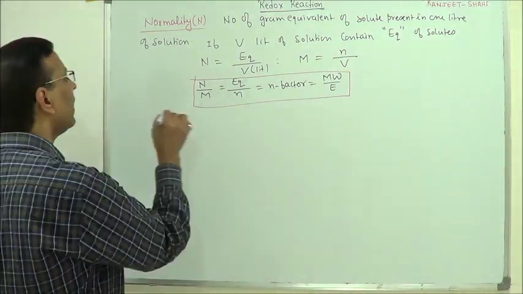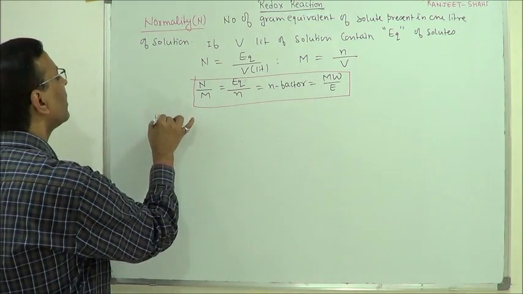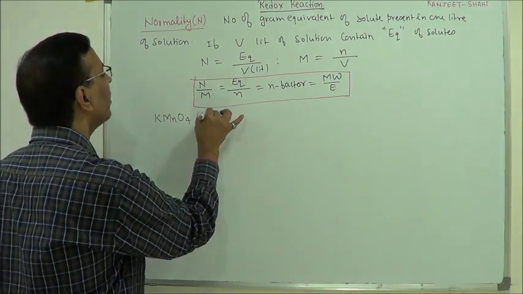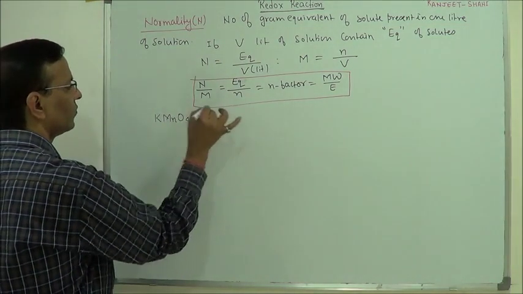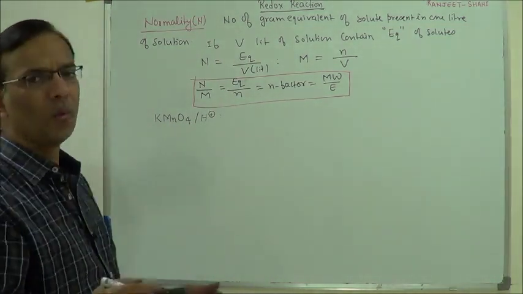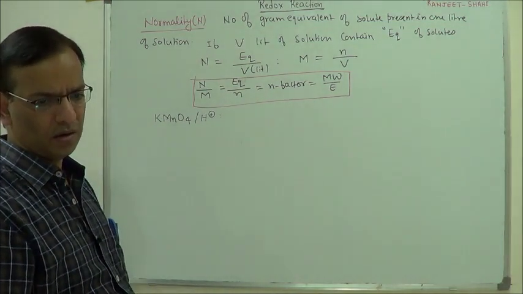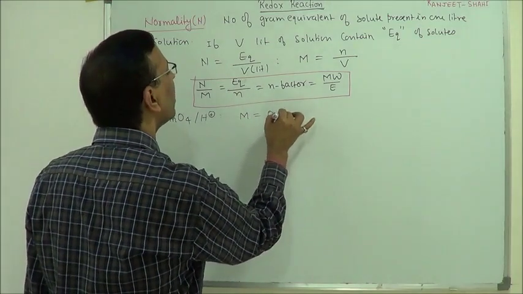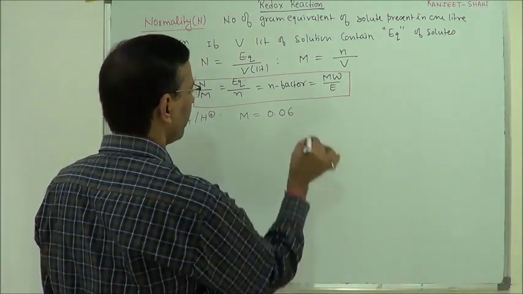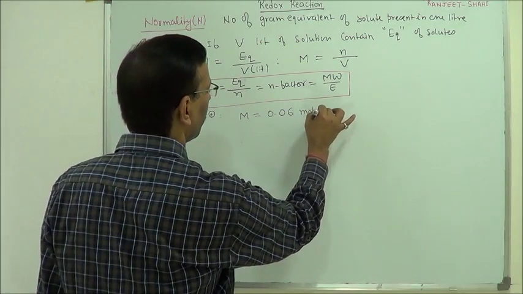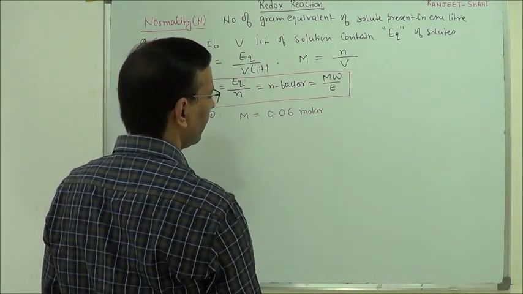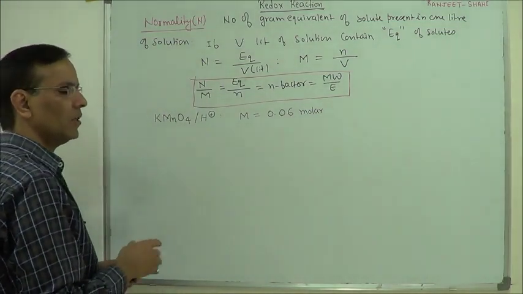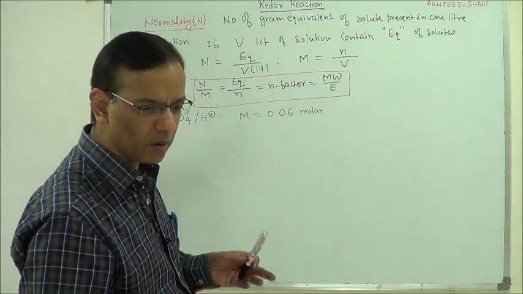Suppose in any redox reaction we have potassium permanganate as an oxidizing agent in acidic medium. In the question it is given that the molarity of potassium permanganate is say 0.06. But we want to know the normality. Just now we will see why we want normality.